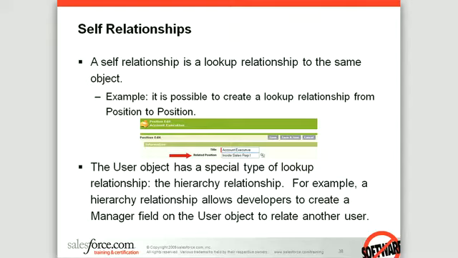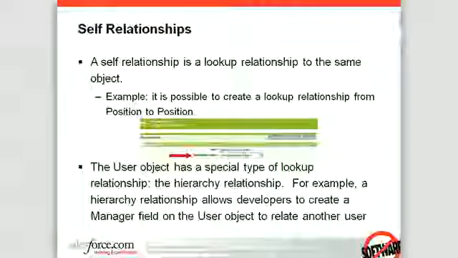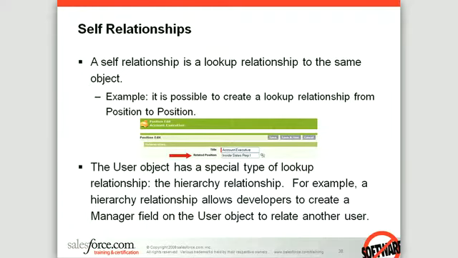If you think about accounts, you might have a corporation which is a subsidiary of another corporation. You have situations where a case references another case, or a solution references other solutions. So it's entirely possible to have a lookup to an object of the same type.